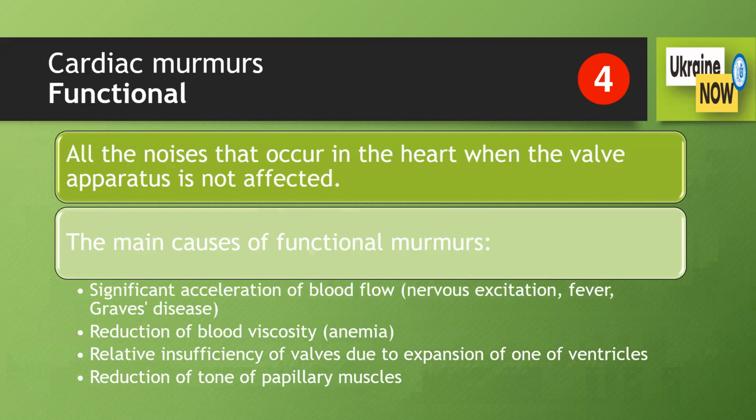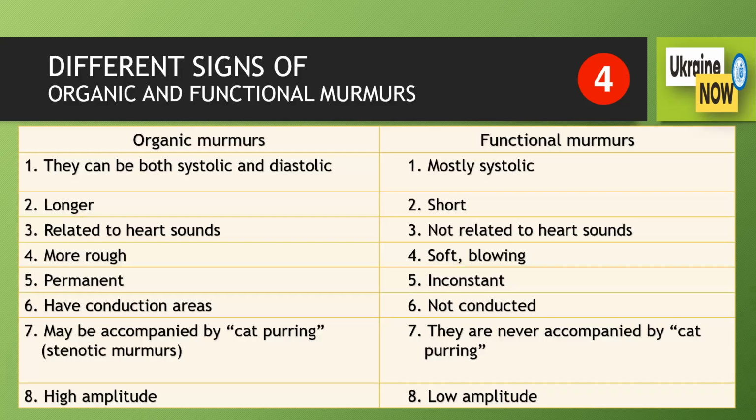The main causes of functional murmurs are significant acceleration of blood flow due to nervous excitation, fever, or Graves' disease, reduction of blood viscosity in anemia, relative insufficiency of a valve due to expansion of one of the ventricles, and reduction of tone of papillary muscle.